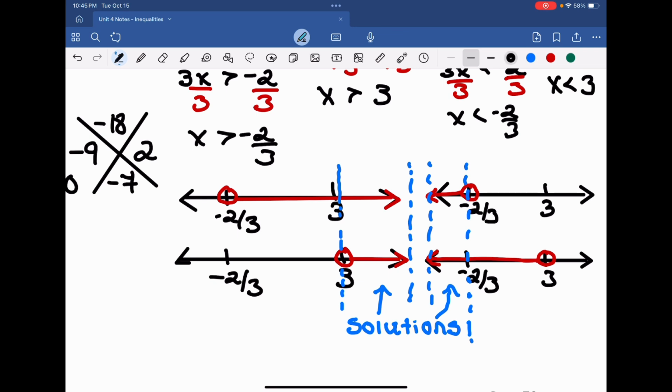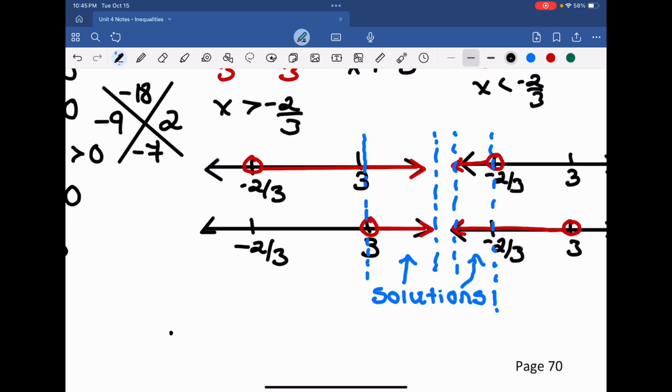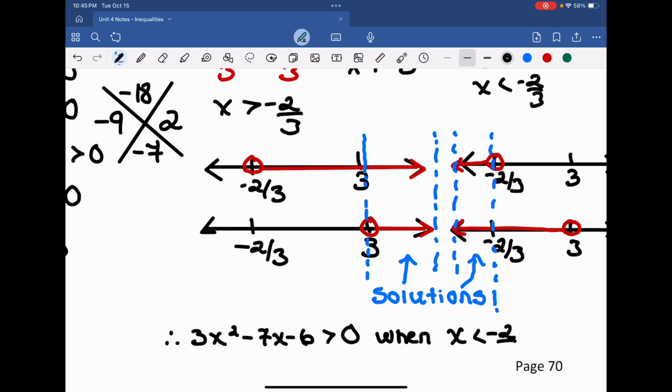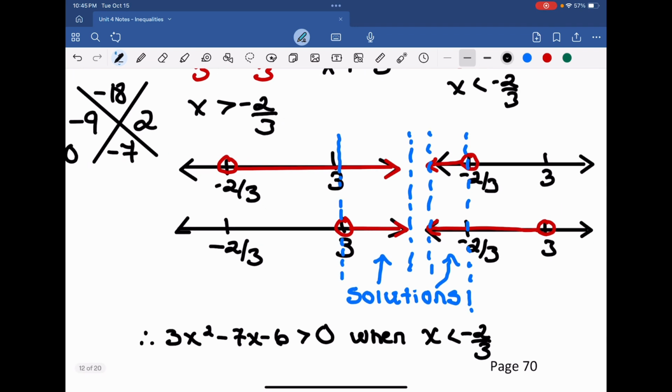Our last piece here is to just summarize what these actual regions are represented by in terms of inequalities of x. So therefore, our solution is going to be 3x squared minus 7x minus 6 is greater than 0 when we have x less than negative 2 over 3, because we found in that second case, anytime it was less than negative 2 over 3, there was an overlap of the 2 lines.